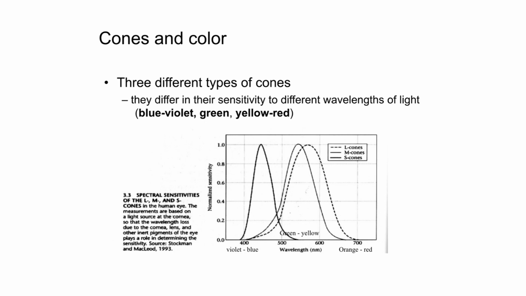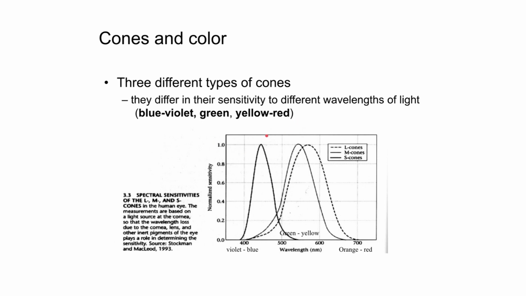So basically these three different types of cones differ in their sensitivity to different wavelengths of light, as we have already mentioned. Yellow-red is more to long range wavelengths, green is mid range wavelengths, and violet-blue is short range wavelengths. These three components inside our cones are responsible for identifying colors in three different wavelengths.